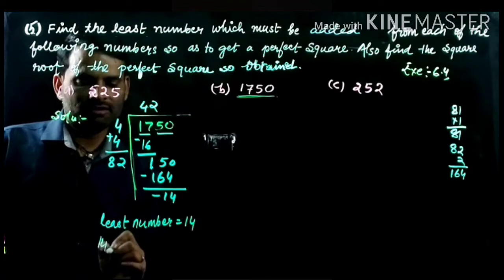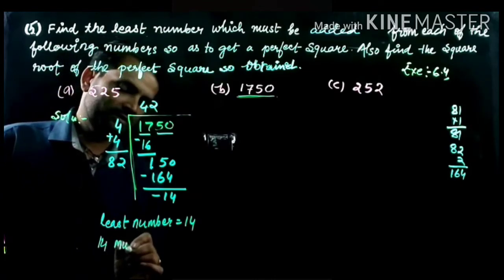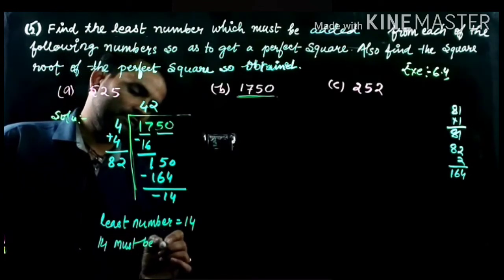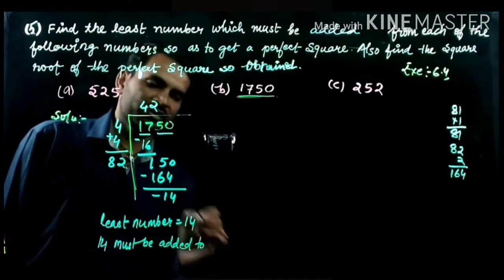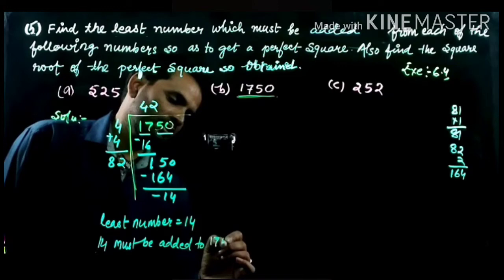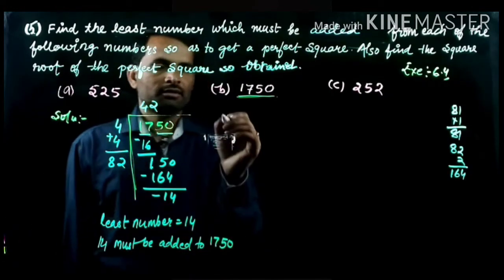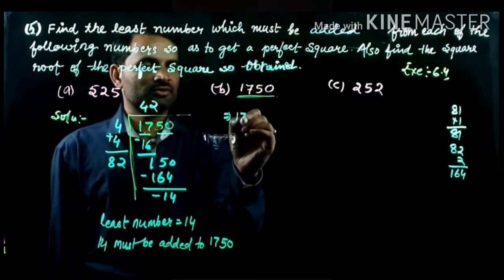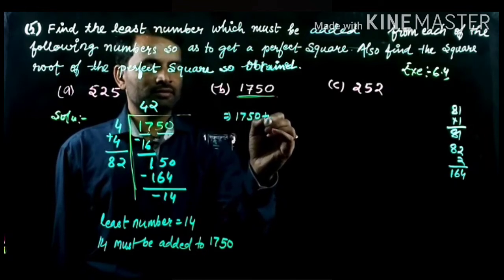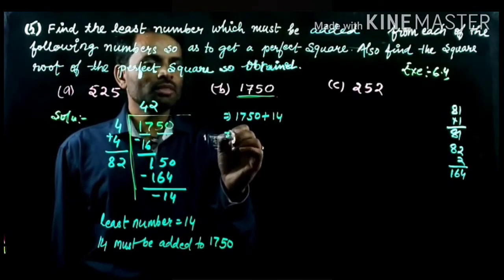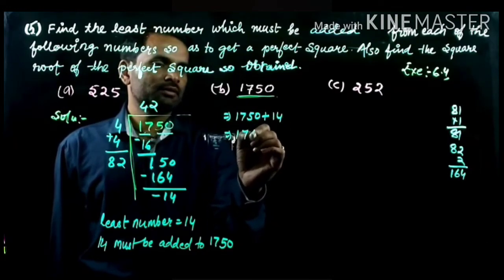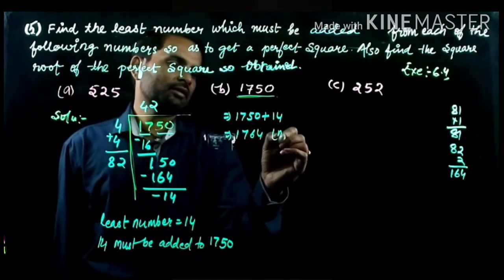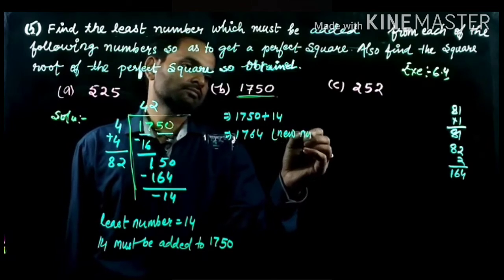It means 14 must be added to which number? 1750. Okay, so you write 1750 plus 14, so it comes 1764. It is the new number.